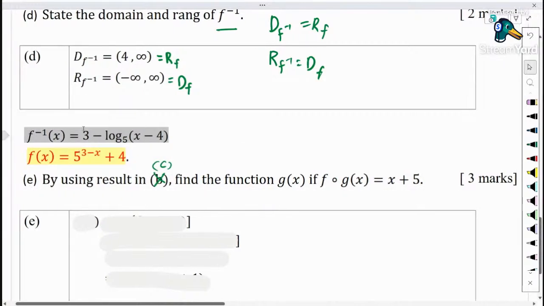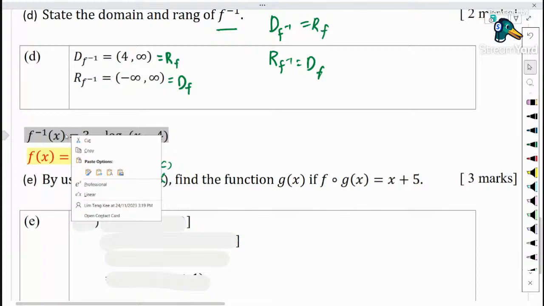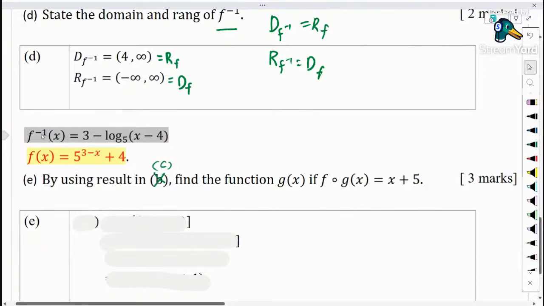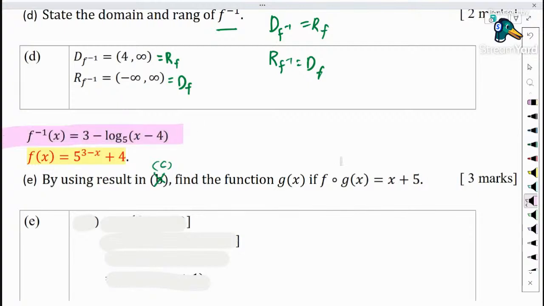The question has specific requirements to get the answer, so you must make sure you fulfill the specific requirement to get the answer, not just simply use your own methods to do composite function, whatever, to get the answer. So how shall we get the answer here? Watch out.